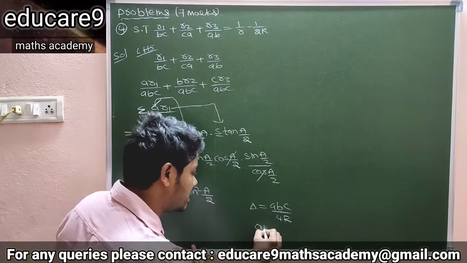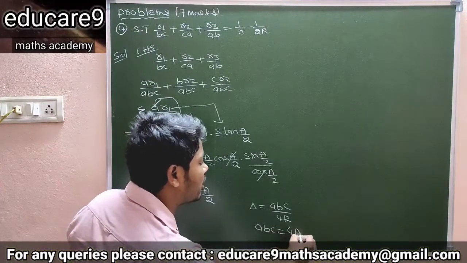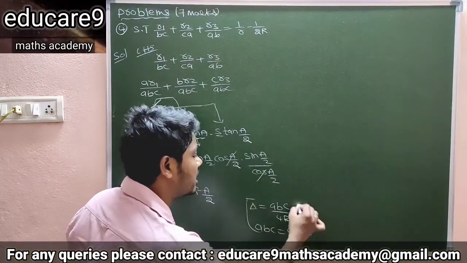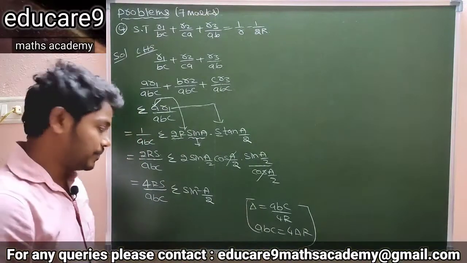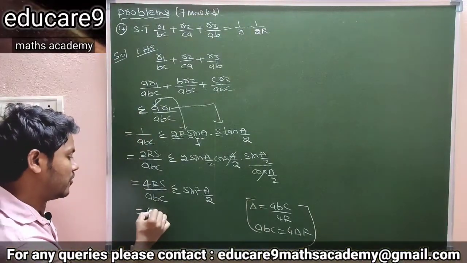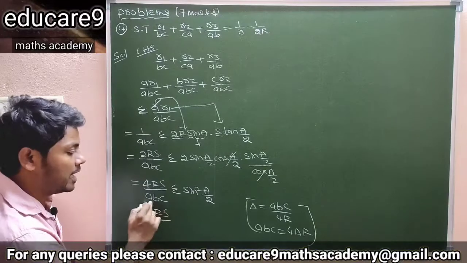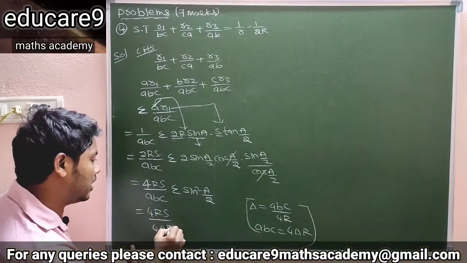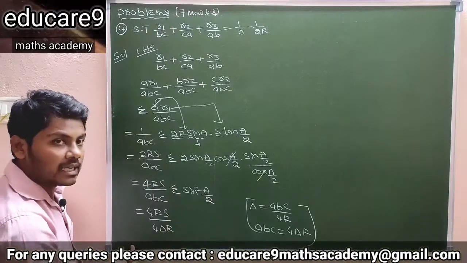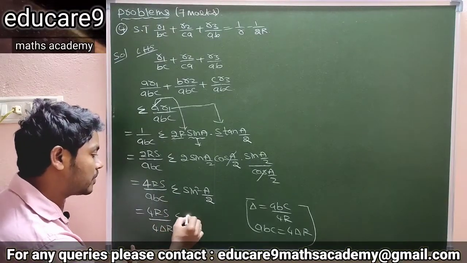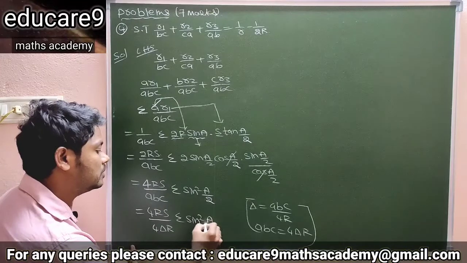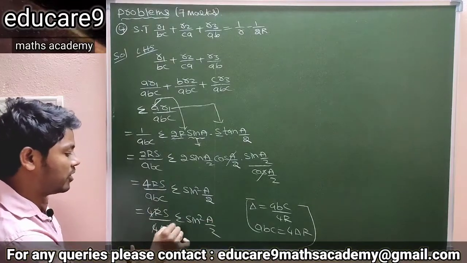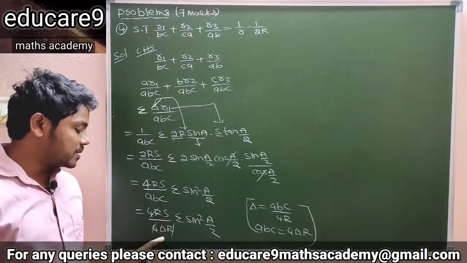From this, ABC is equal to 4 delta R. So using this formula here, this is 4RS, ABC formula 4 delta R, 4 delta R, this is sigma sin square A by 2. Here 4R get cancelled. So this is S by delta only.